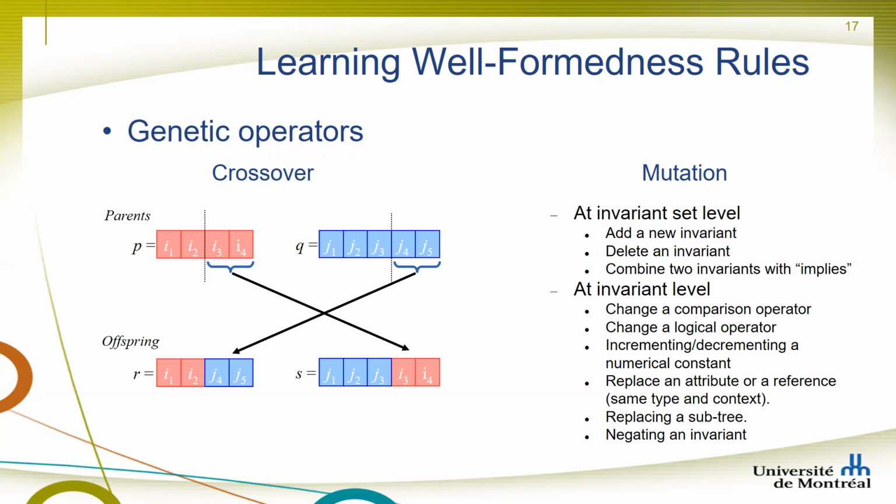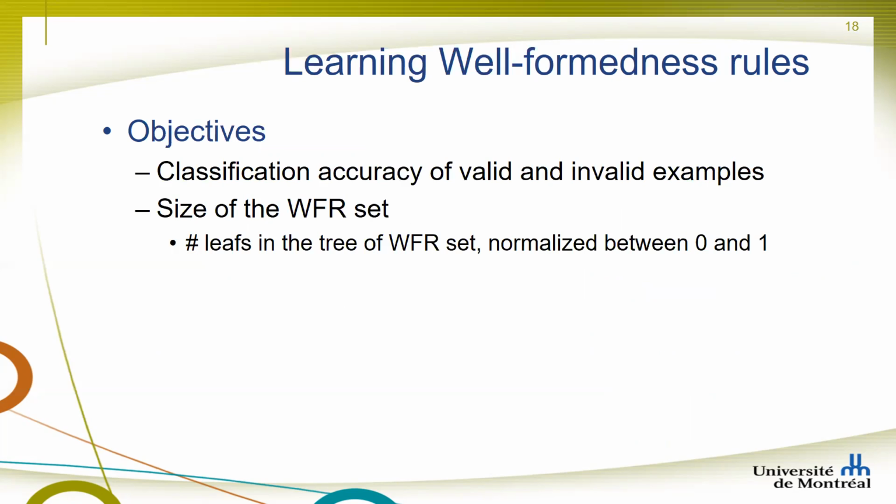So we can modify anything in the description of the invariant. Then for the objective, we will see the classification accuracy of valid and invalid examples. So if I have a candidate solution, I just feed the models and see how the solution is able to discriminate between valid and invalid models.